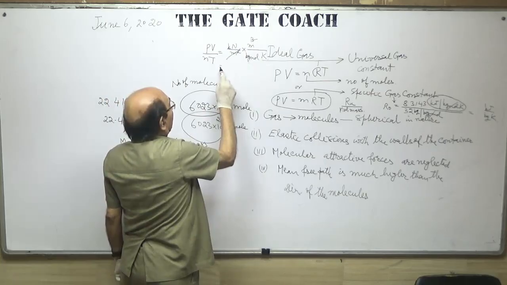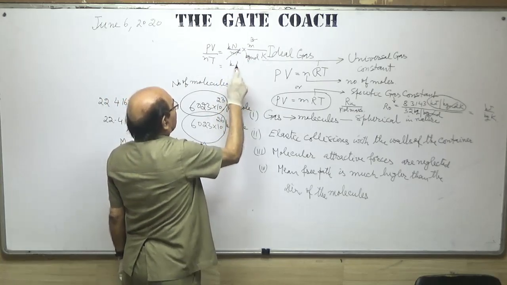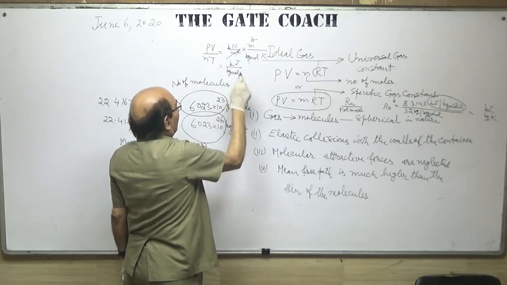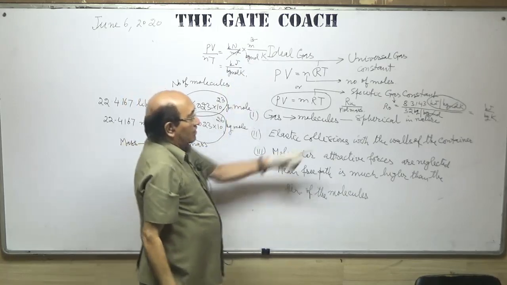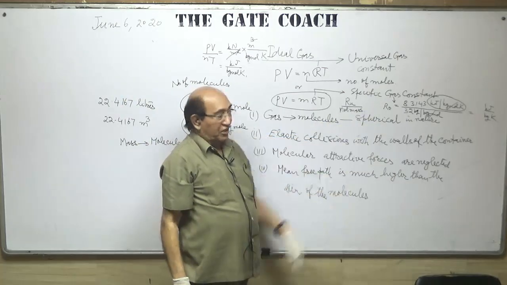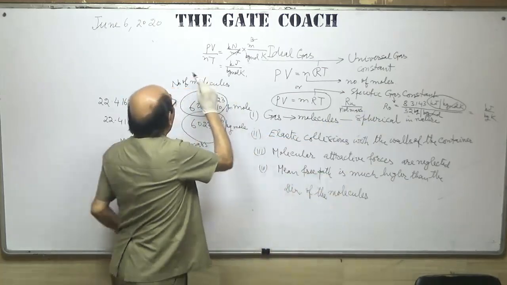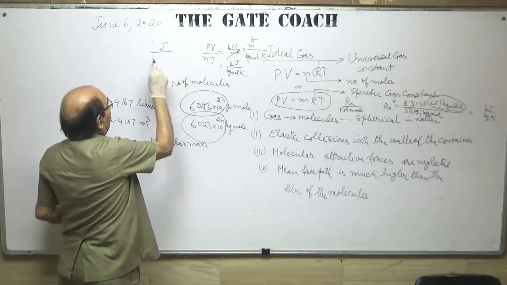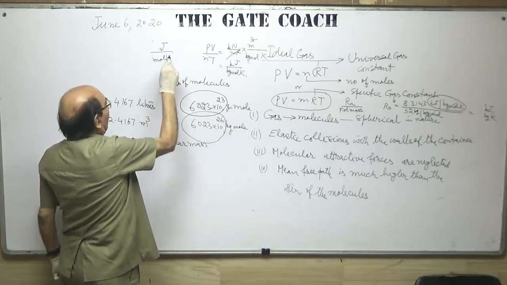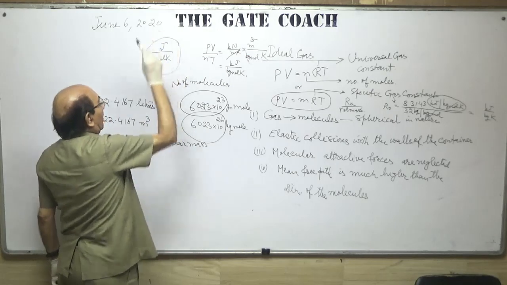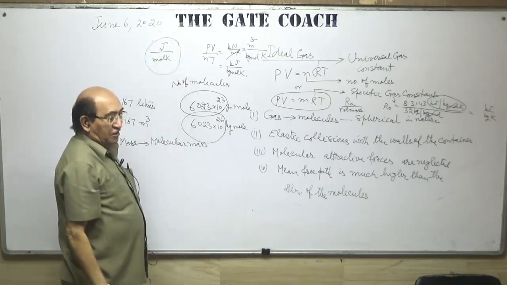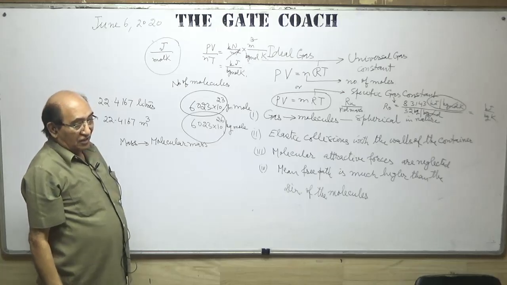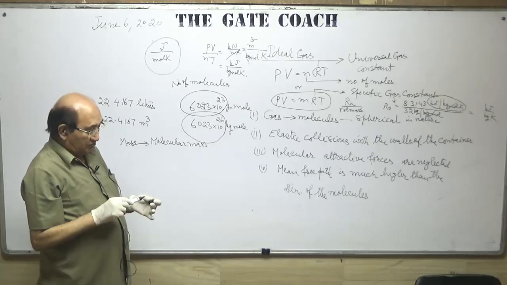This becomes kilonewton meter, that means kilojoule per kg mole Kelvin. Chemical engineers normally write joule per mole Kelvin. If you write in terms of kilo, it becomes kilojoule per kg mole Kelvin.